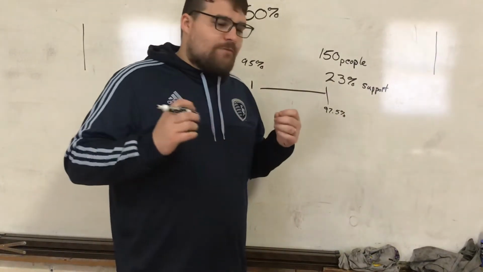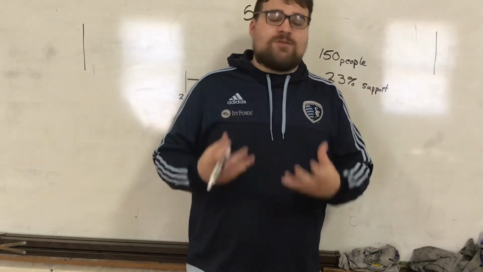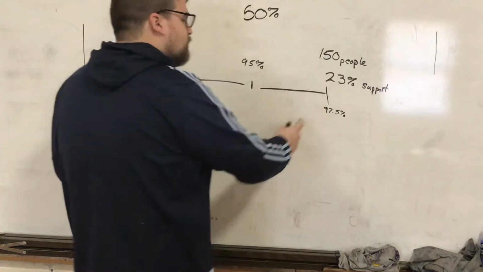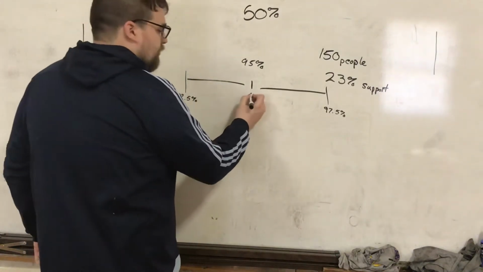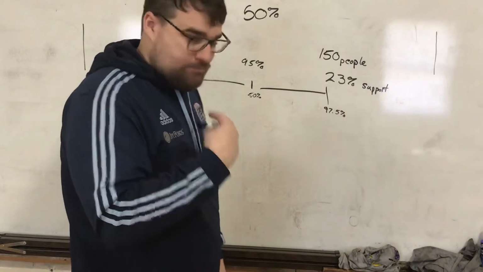Now, for us to be really safe with our 95% confidence interval, we go all the way to these fringe edges. Right in the middle is that 50%. That's the number we got from our study.